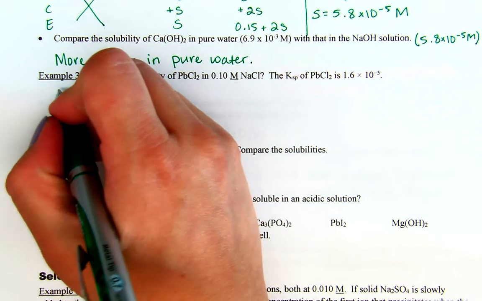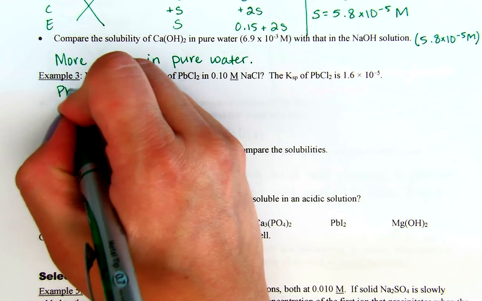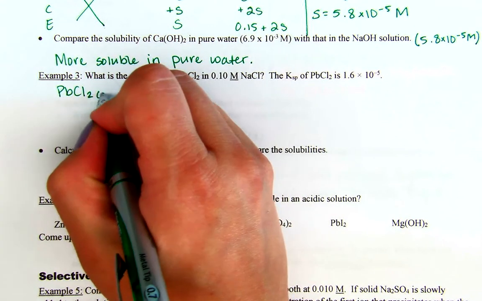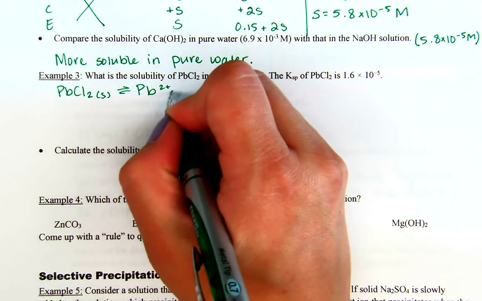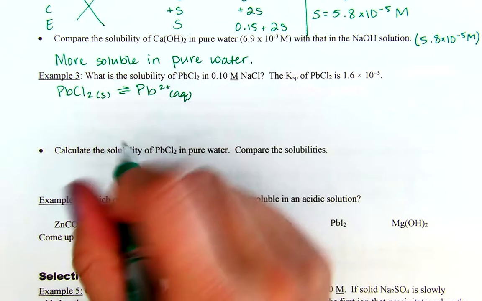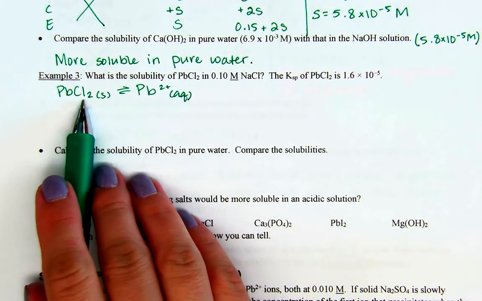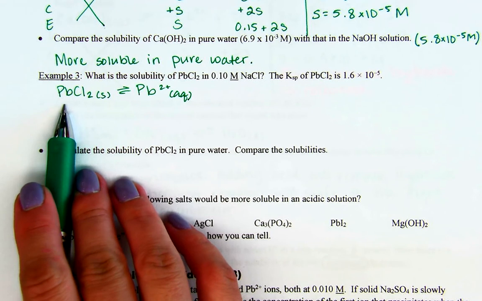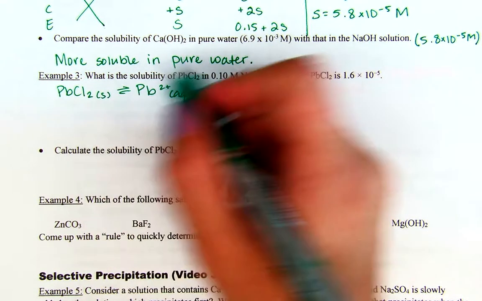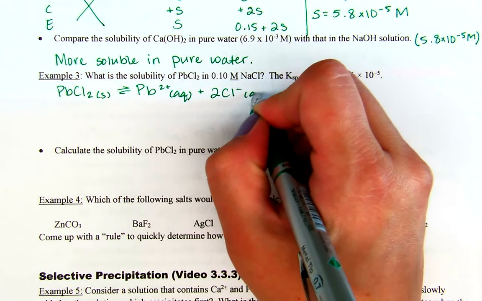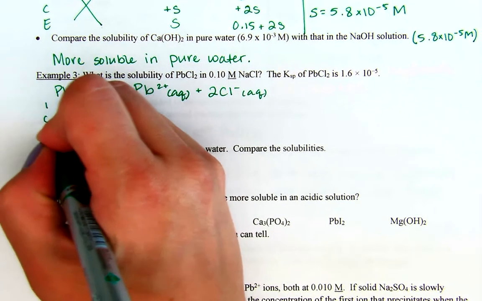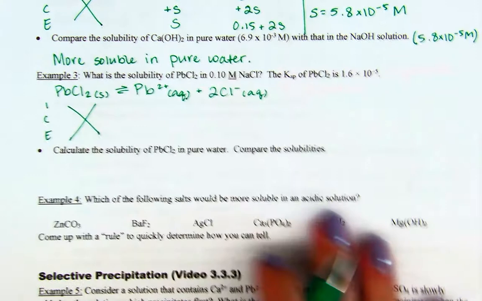We're going to start with our dissociation equation. PbCl2, a solid, is in equilibrium with lead ions, Pb2+, aqueous. How can I tell that's 2+? Each of the chlorides is minus 1, so the lead must be plus 2, because it's a neutral compound. Plus my chloride, I have 2 of those, aqueous. Don't take into account the solid.